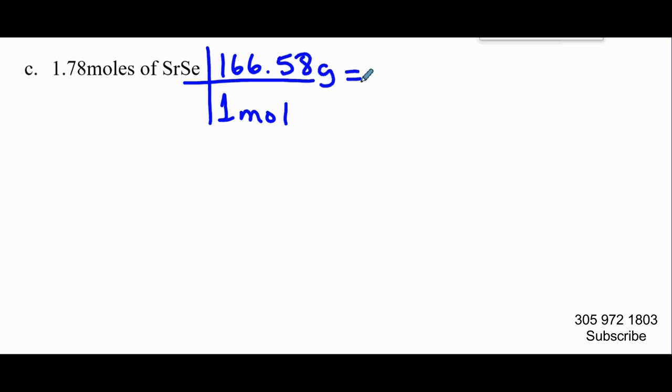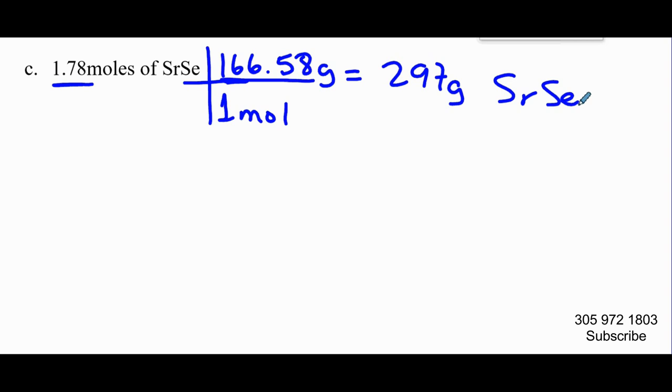Grams. Therefore, I have 1.78 times 166.58 gives me, if I round to 3 significant figures, 297 grams of SrSe. Okay, so we just did finding the mass from the moles given.